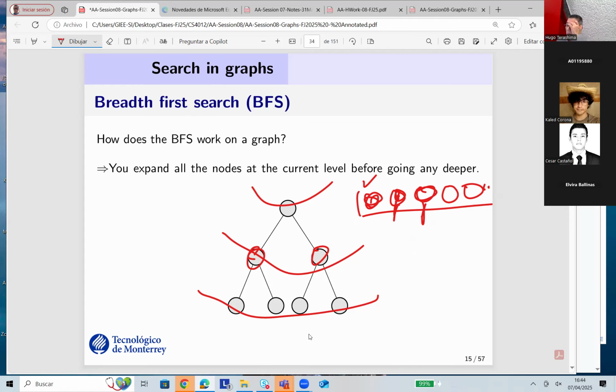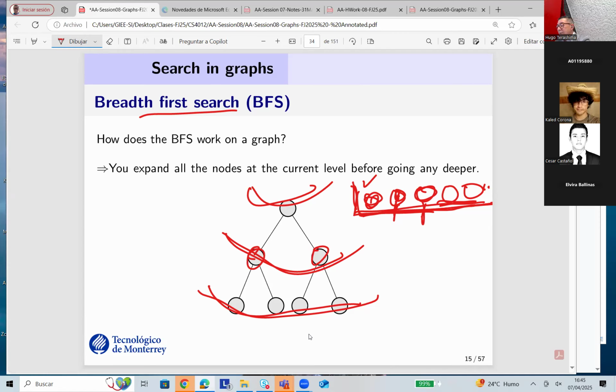So what is the kind of queue or list that I'm using here to represent the search by level, the breadth first search? What is the kind of list that I'm using here?